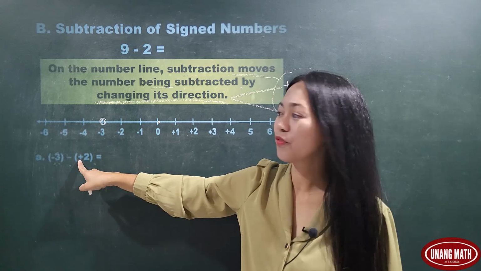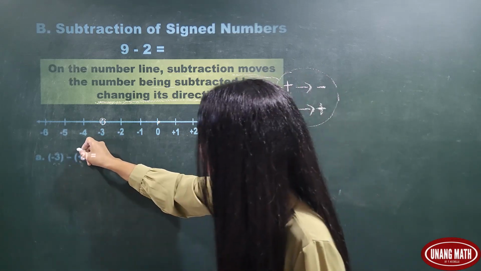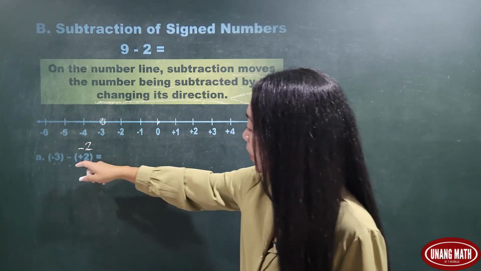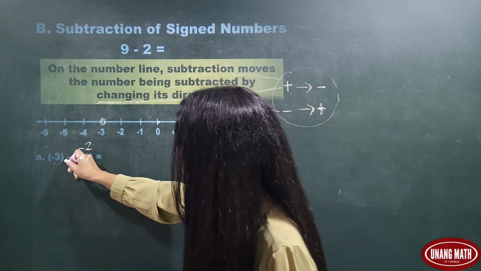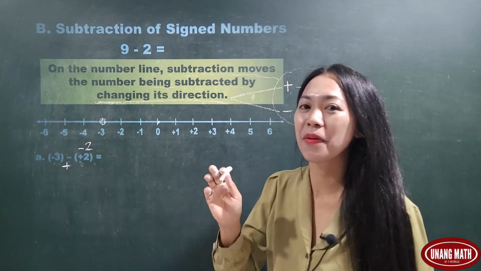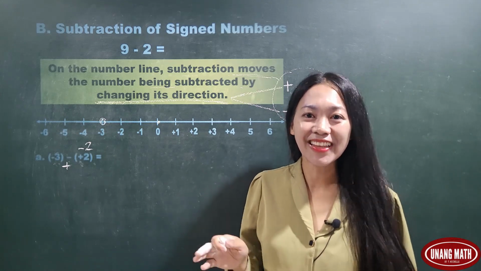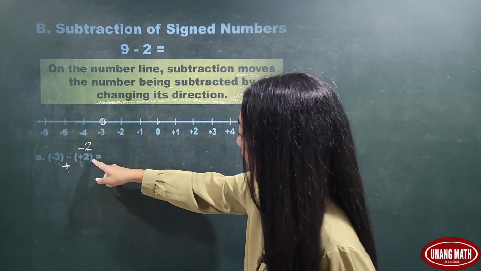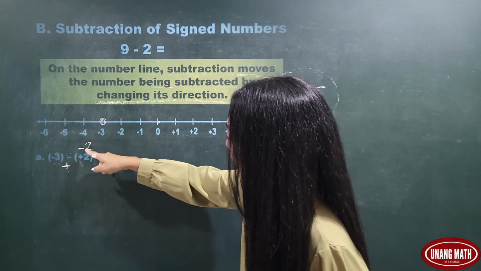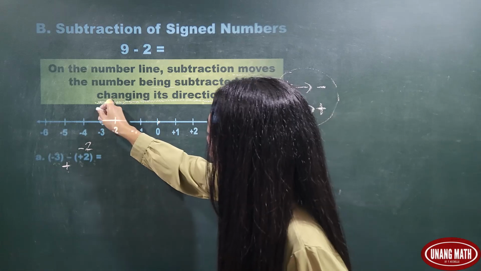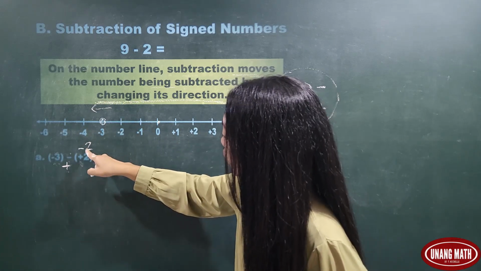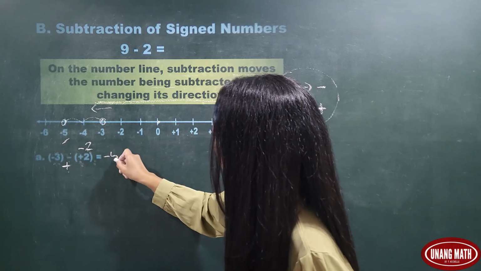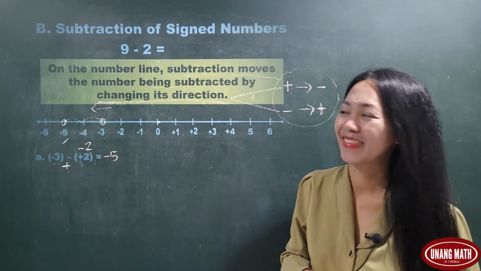This is positive 2, so change the direction, it becomes negative 2. When we move, the minus sign becomes a plus sign. Remember, addition indicates movement. So from negative 3, we need to move to the left. How many times? 2 times. So 1, 2. The answer is negative 5.